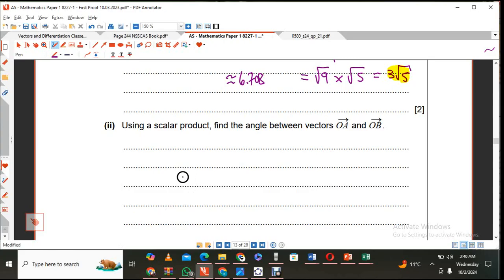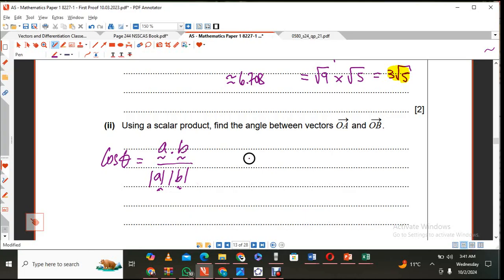Now, very important concept. Of course, you know that in order to find the angle, you have to say cos theta. If I use the formula, it's vector A dot vector B, not the product, but the dot product of that, divided by the magnitude of vector A times the magnitude of vector B. In our particular case, our vector A will be represented by OA, which we already have.